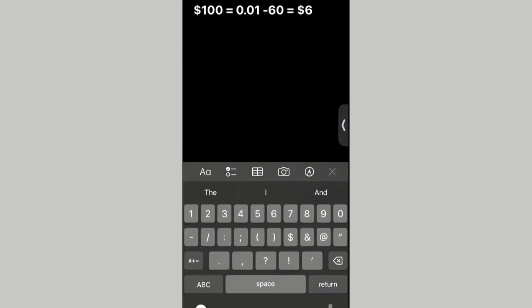If you had a $1,000 account, you would be using a 0.10 lot size. Minus 60 pips, that'll be $60.